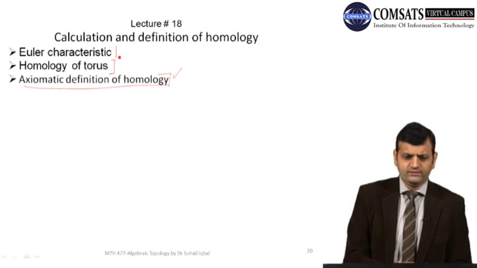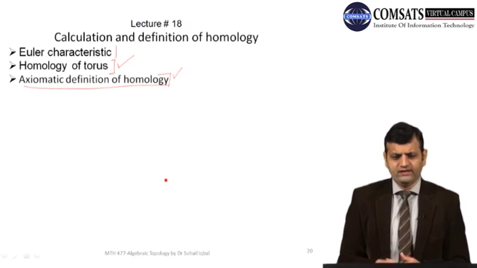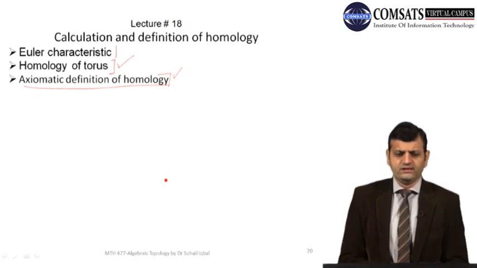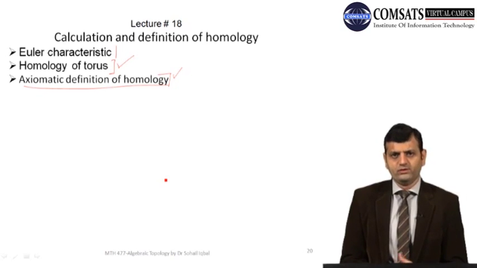As I said earlier, we calculated the homology of a torus, and it was a little bit non-trivial to calculate using simplicial homology. As we move on, we shall see that it will be relatively simple to calculate the homology of a torus using singular homology, and extremely simple if we use cellular homology.